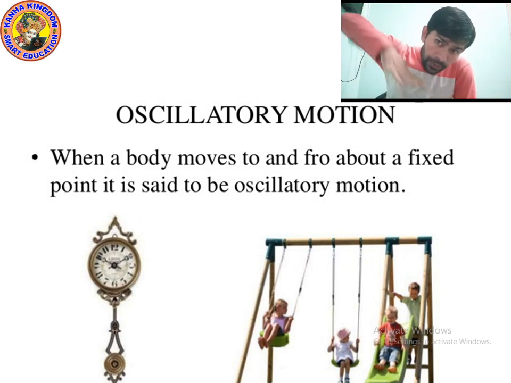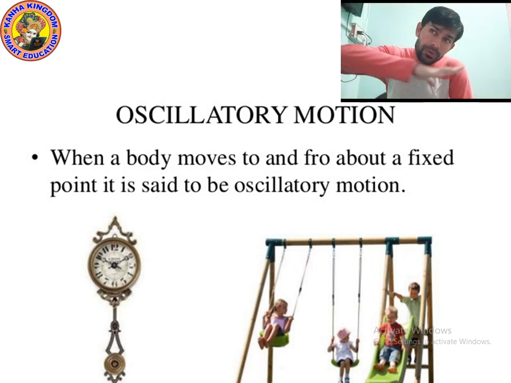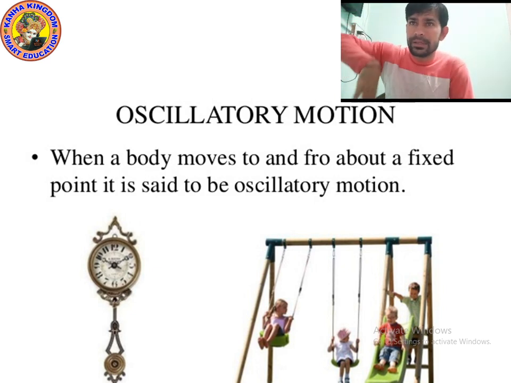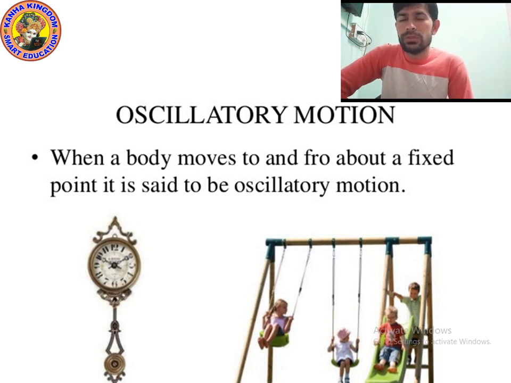They are going forward, then backward, fro, back, fro, back. So when a body moves to and fro about a fixed point, it is said to be oscillatory motion. To and fro means backward, forward, backward, forward.